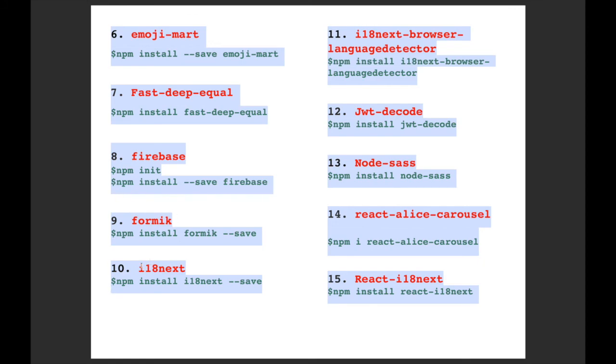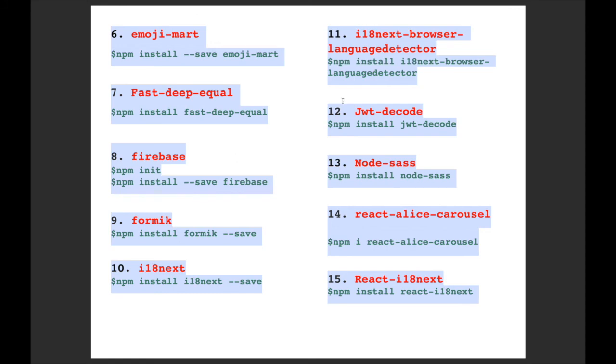Then this i18next. You all know that I have already told you that it is a very popular internationalization framework, which means that it is used to convert an application into different languages. So this framework is used in various browsers or any other JavaScript environment, for instance Node.js.